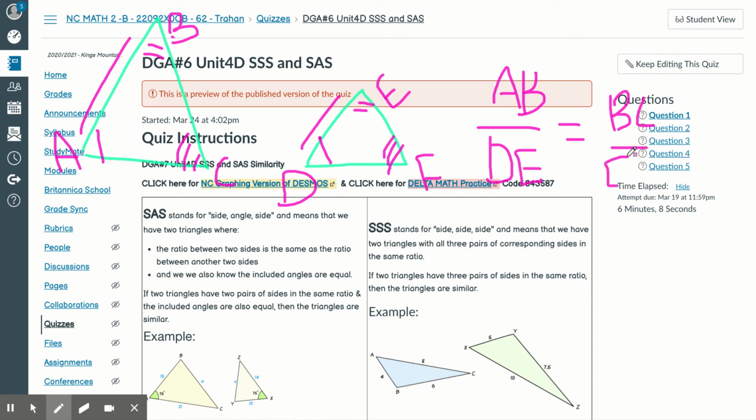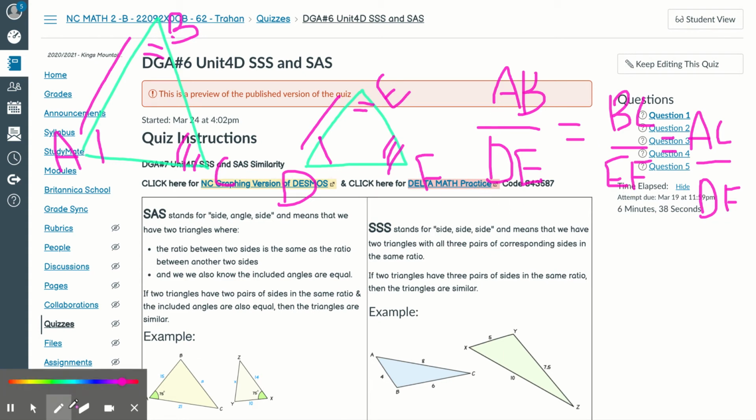And all I'm doing over here is setting up these ratios, and when I put an equal sign in the middle, that's showing us that whatever this number is here, and I put the other corresponding side underneath, this one DF, whatever this number is here, when I reduce each one of these fractions that represent the lengths of these two triangles, the fractions are all going to be the same. That's saying that they are proportional sides.